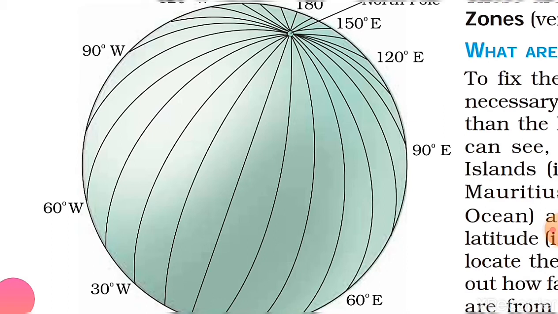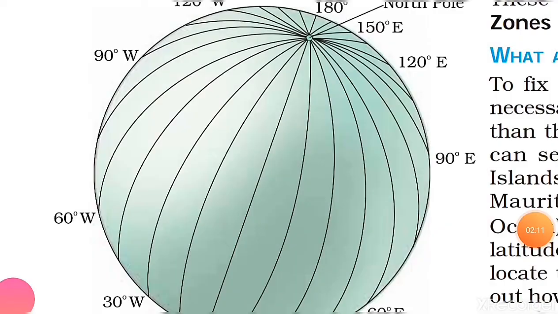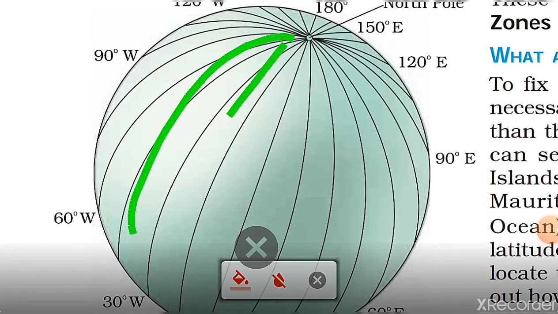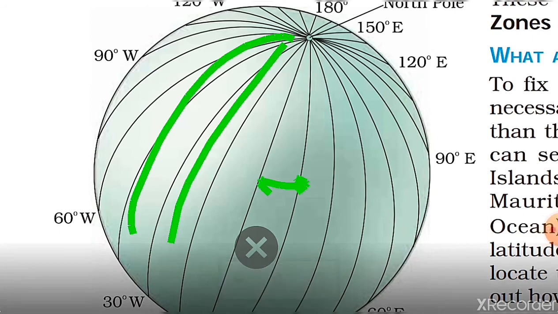These lines of reference are called the meridians of longitude. All meridian lines are equal to each other. There are equal differences between all meridian lines.